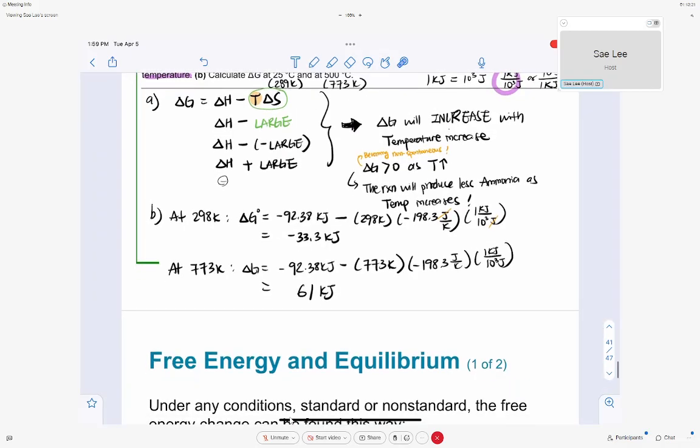So as we predicted, as temperature increases from 298 Kelvin to 773 Kelvin, what happened to the delta G? The delta G value increased. The delta G value became more and more positive as temperature increases. This confirmed our prediction in A.